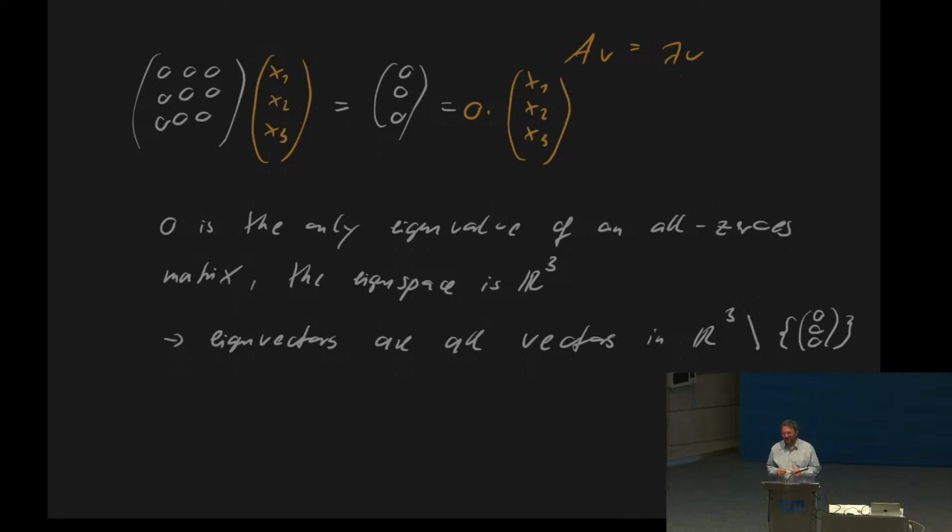Please remember to write that if that had been an exam question. So the all-zero matrix has zero as its sole eigenvalue, and eigenvectors are anything but the zero vector.